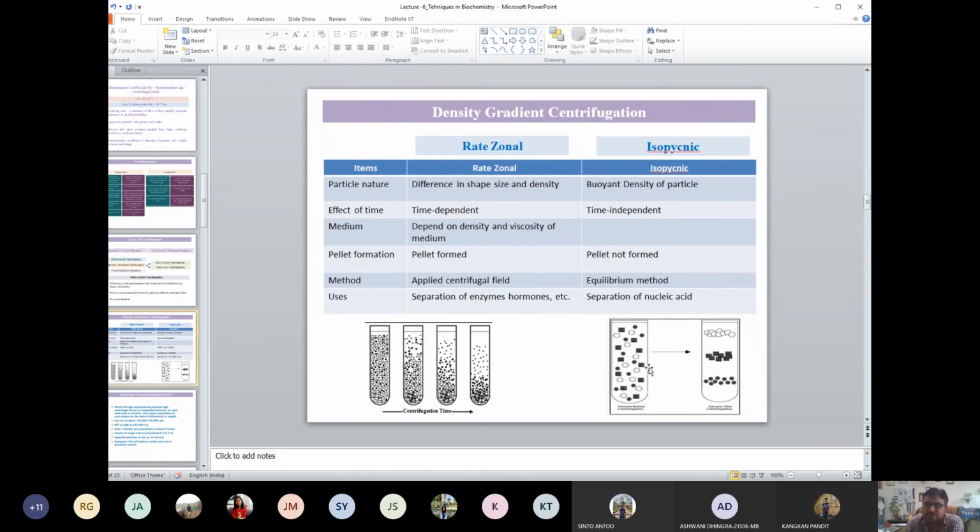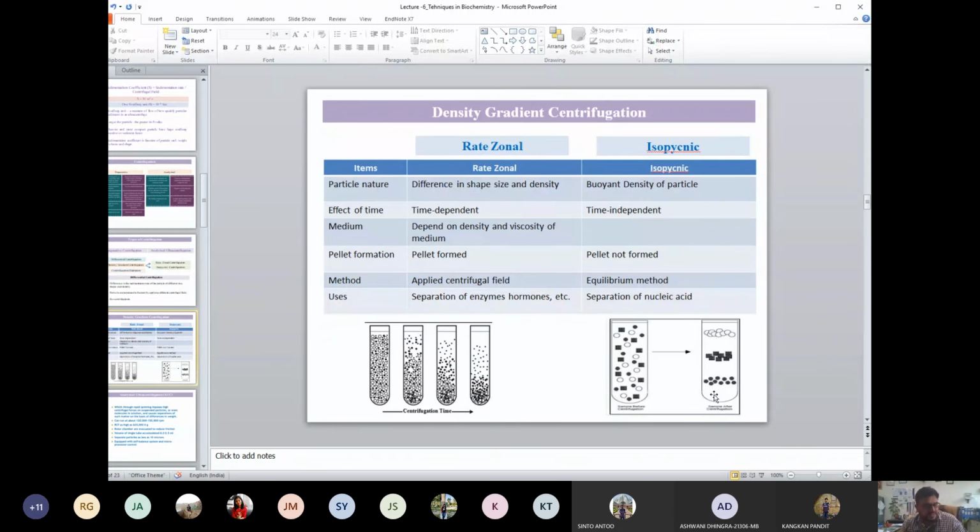If you see the isopycnic, equal density centrifugation, the buoyant density of the particle is the basis for the separation. Here you have a mixture of particles, and when you centrifuge it, based on the buoyant density of these particles, it will form different layers. And this is irrespective of time.